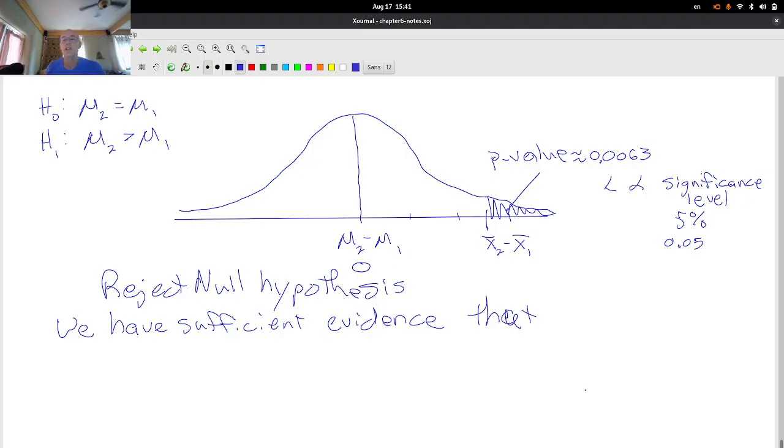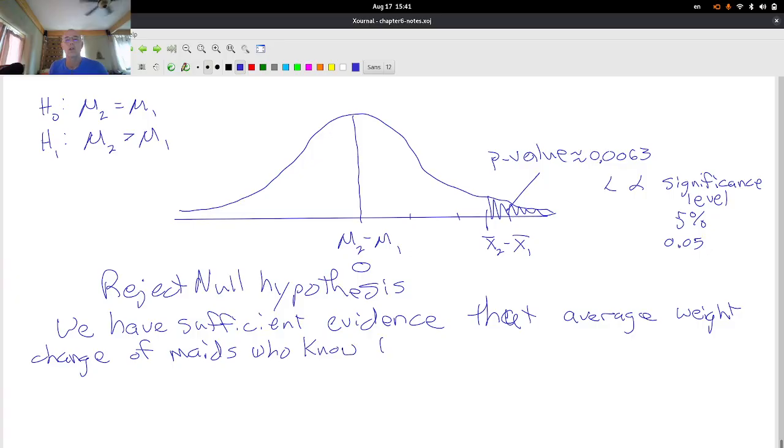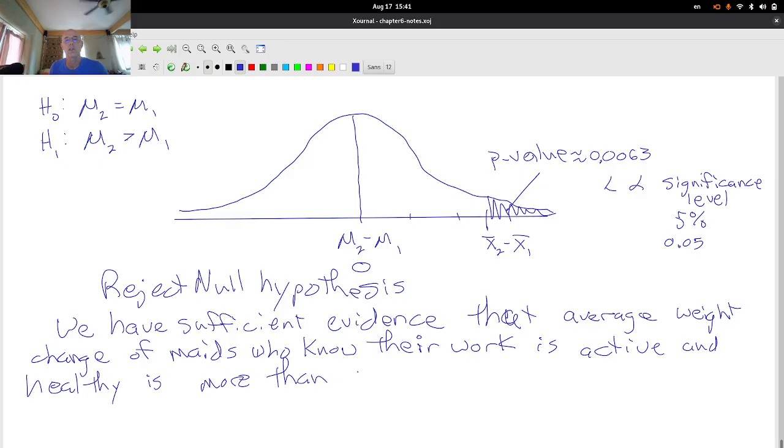Okay, so we have sufficient evidence that the average weight change of maids who know their work is active and healthy is more than those who don't know.